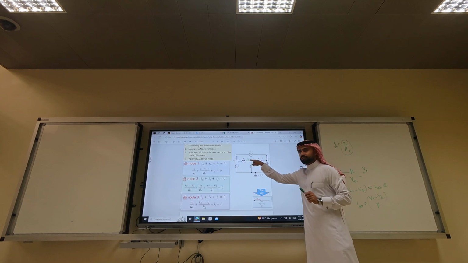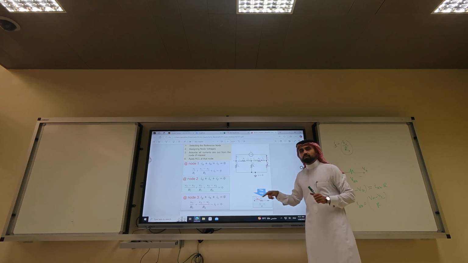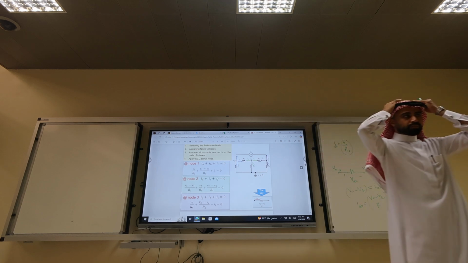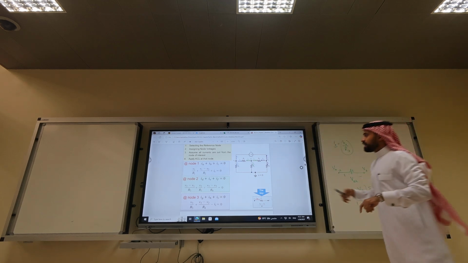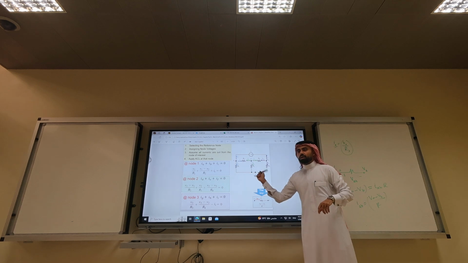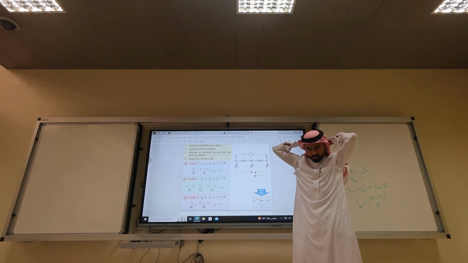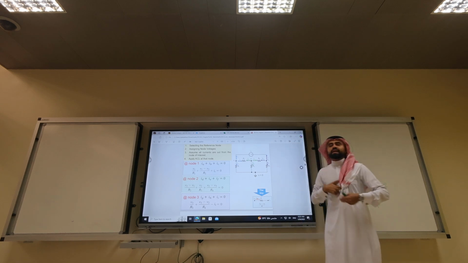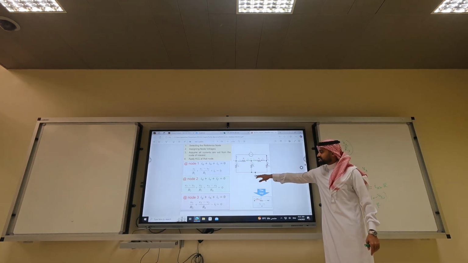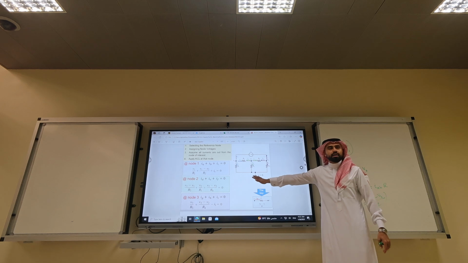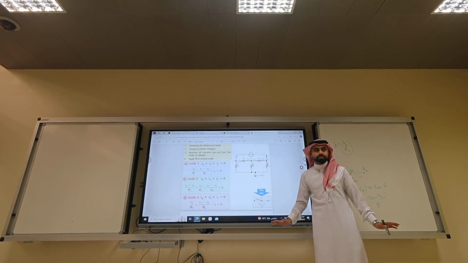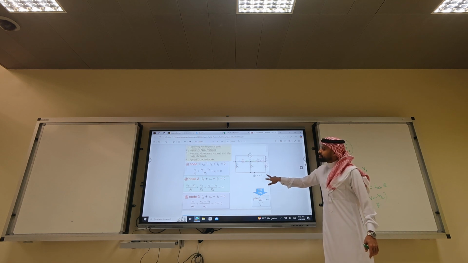Remember I told you, voltage is the difference between 2 points. So you find the point that is usually at the lowest level, and then you make it 0. Get it? In other words, if they give you the ground in the exam, draw it as a ground with 3 lines. If they don't, put it at the bottom so you don't get into trouble. Get it?